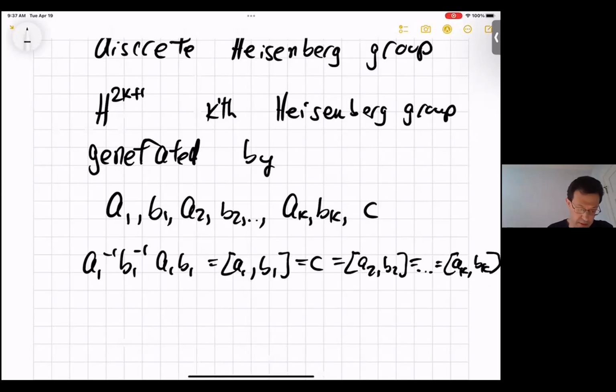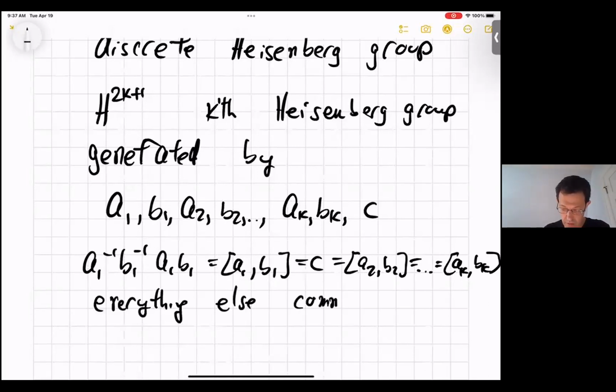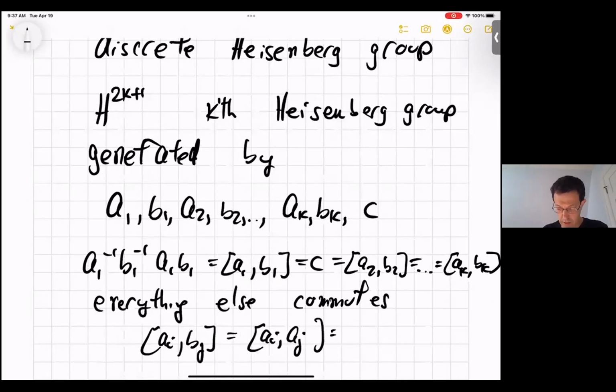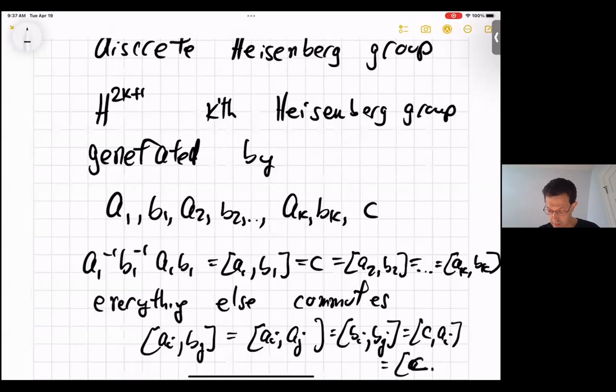So the commutators of Ai, Bj, and Ai, Aj, and Bi, Bj, what else remains? And C with Ai, and C with Bj are all the identity element.